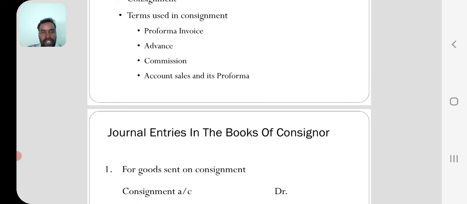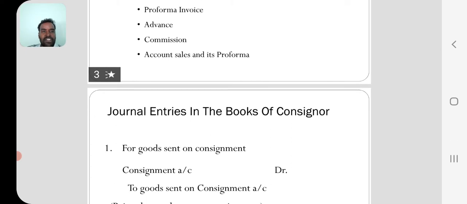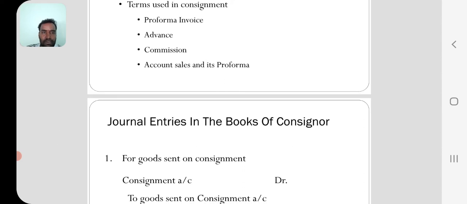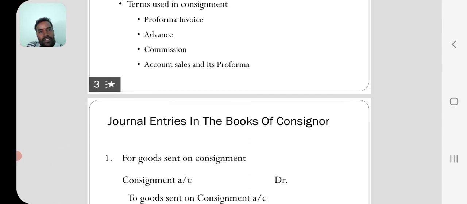First of all, the consignor will receive some amount from the consignee for safety purposes. Commission. Commission is payable to the consignee for selling the goods, and the commission is paid by the consignor.